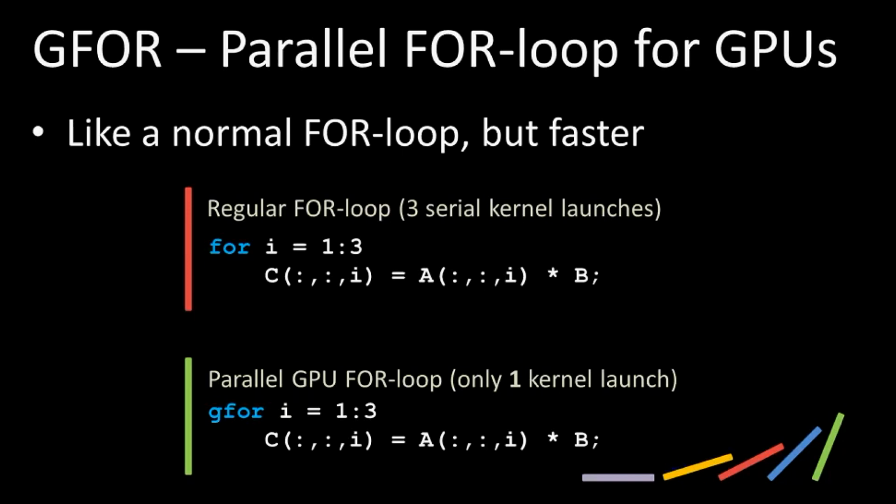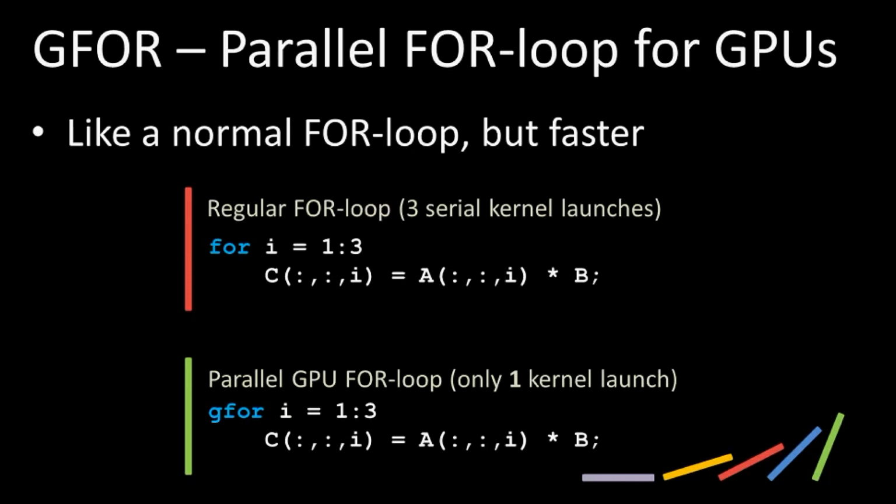Once you've got the basics down of this data casting, there are a few more advanced features that are very powerful, and one of these is the G4 loop. Here I showed two different for loops. One is a regular for loop. Both of these, we assume that A, B, and C are GPU data types. They're all G-doubles.